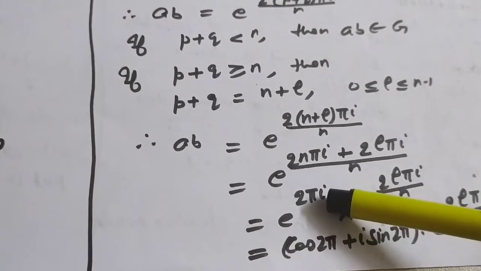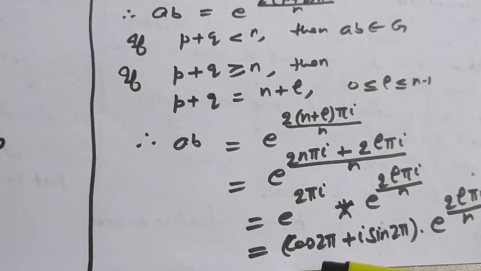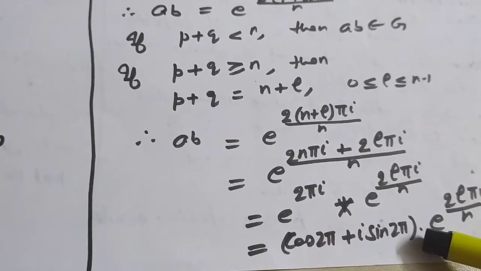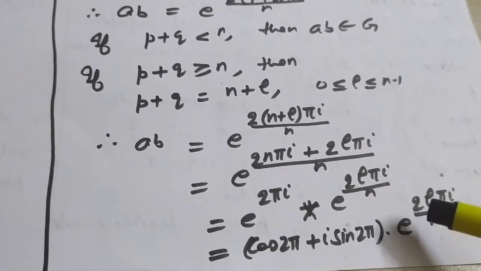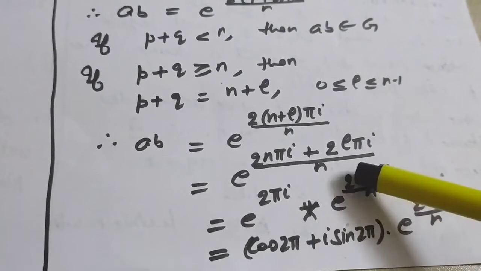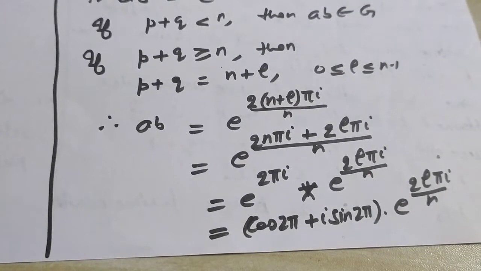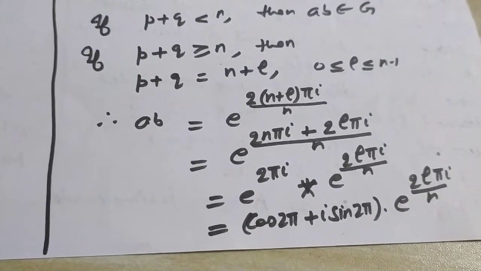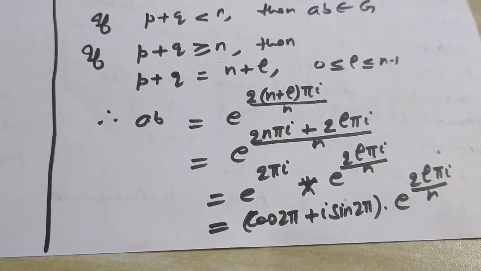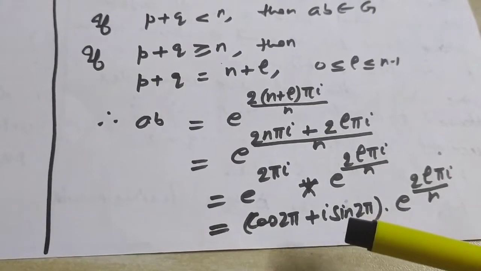This e raised to 2 pi iota, you know that it is written as cos 2 pi plus iota sin 2 pi, and e raised to 2l pi iota over n is the term which I have taken from here. Now the value of cos 2 pi is 1 and the value of sin 2 pi is 0.